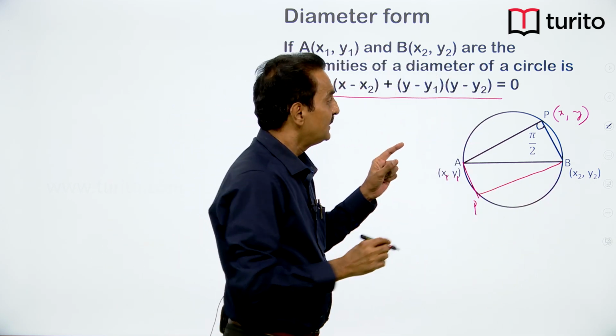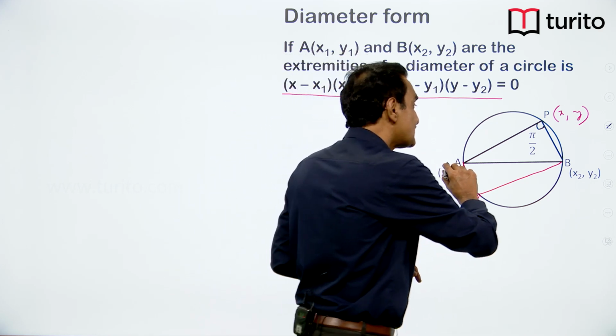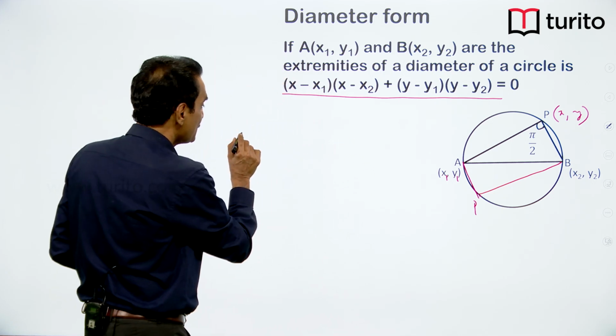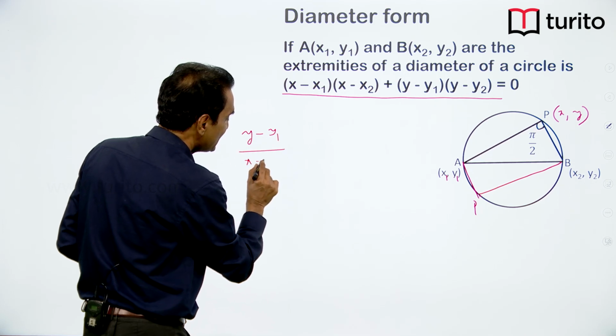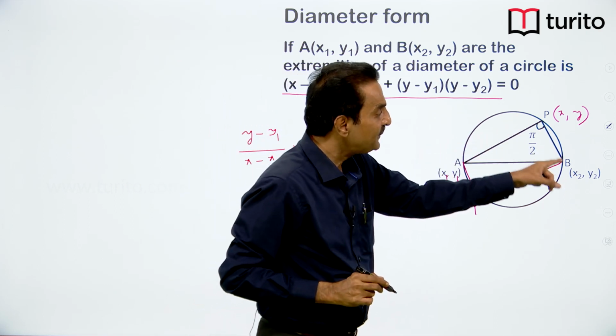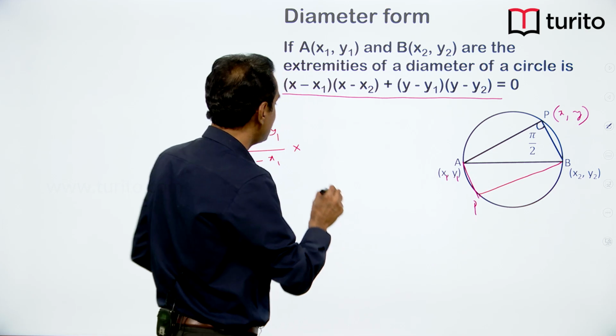So, we use slope formula to get the equation of the circle. What is the slope of AP? All of you are aware of slope formula. Slope of AP is y minus y1 upon x minus x1 into slope of BP is y minus y2 upon x minus x2.